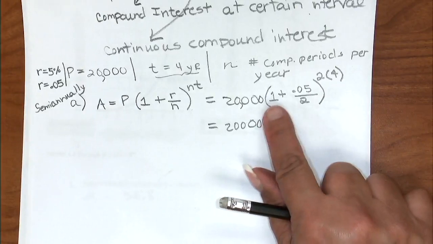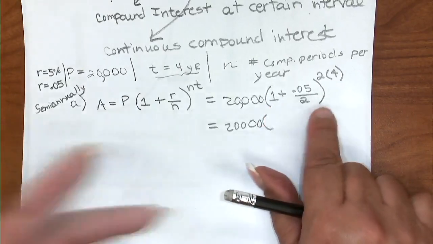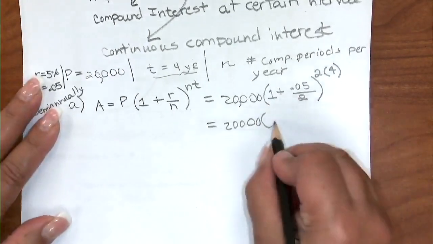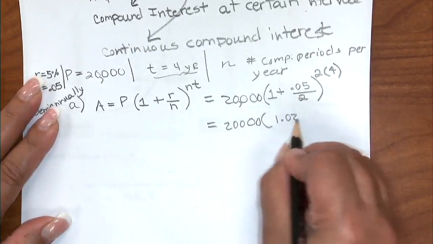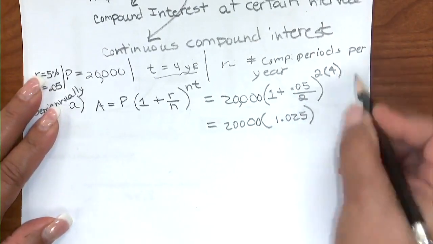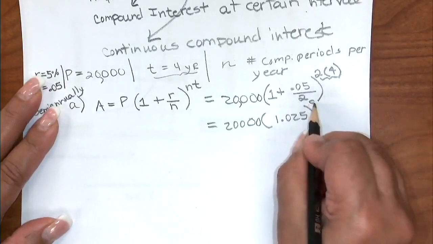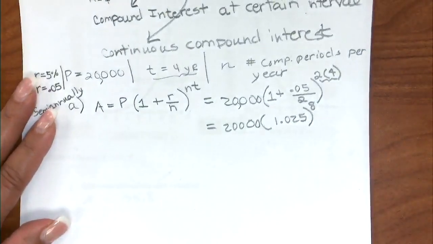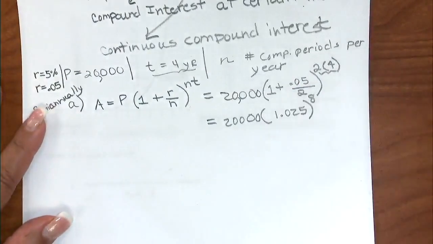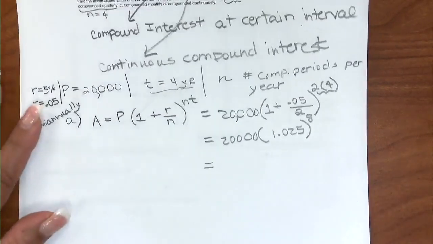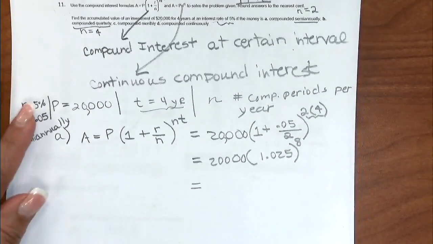So why don't we just call this 0.025? 1 plus 0.025, so 1.025, because that'll be a lot easier. And then, of course, do that in your head. Now put it in the calculator. Because if you're going to put it in like that, it's kind of messy, but go for it if you want to. This is what you should be getting as your answer.